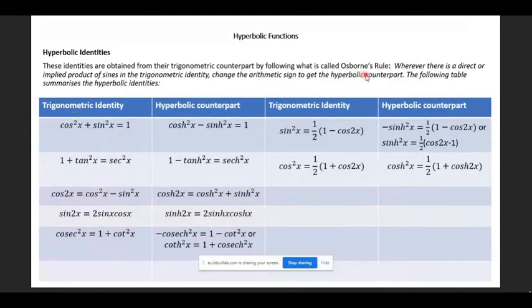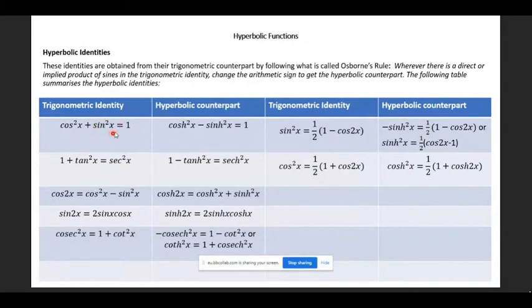According to Osborne's rule, wherever in the trigonometric identity there is a direct or implied product of sines, you change the sign to get the hyperbolic counterpart. For instance, in the case of the first equation, cos squared x plus sine squared x.